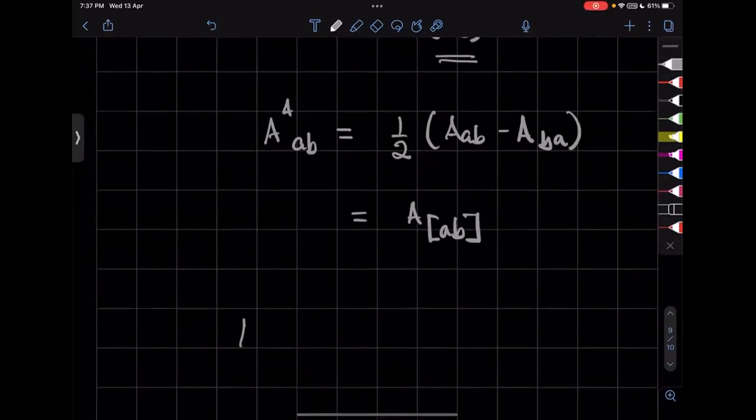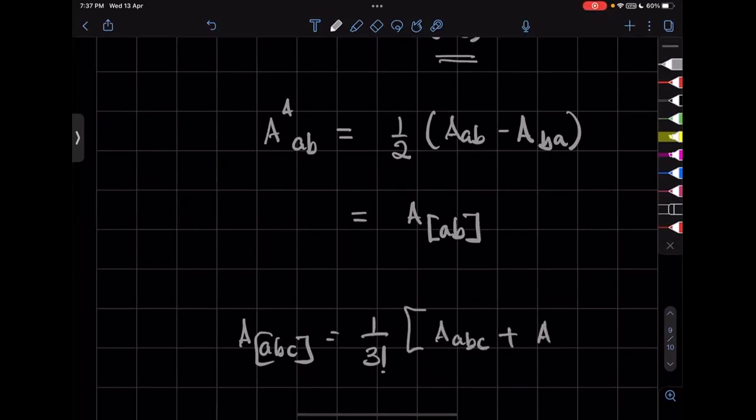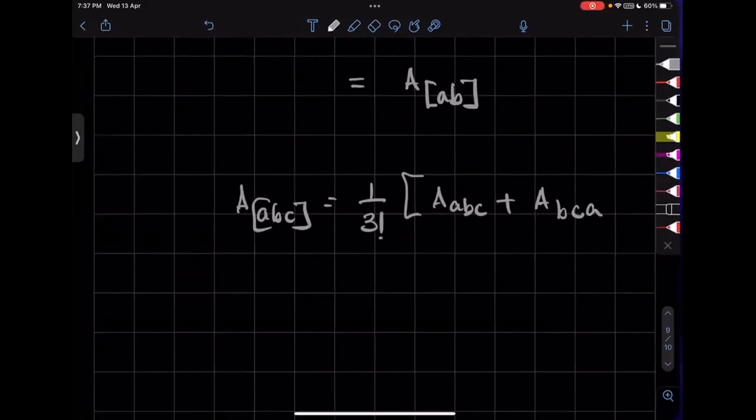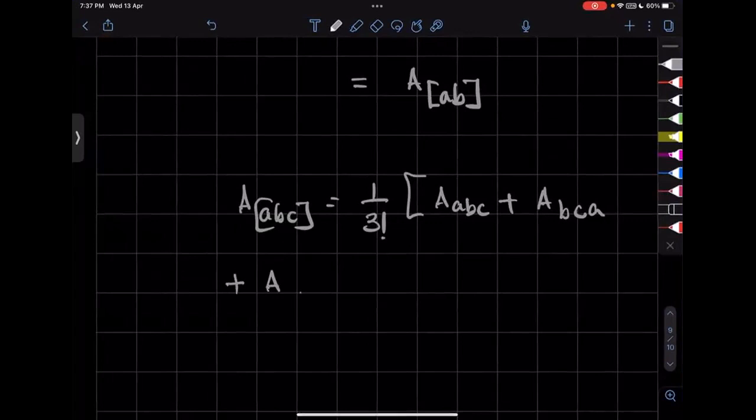And if you have three indices, say A, B, C, then it will have 1 over factorial of 3, and then you will have A_ABC plus A_BCA plus A_CAB, and these are the even permutations of the first term.